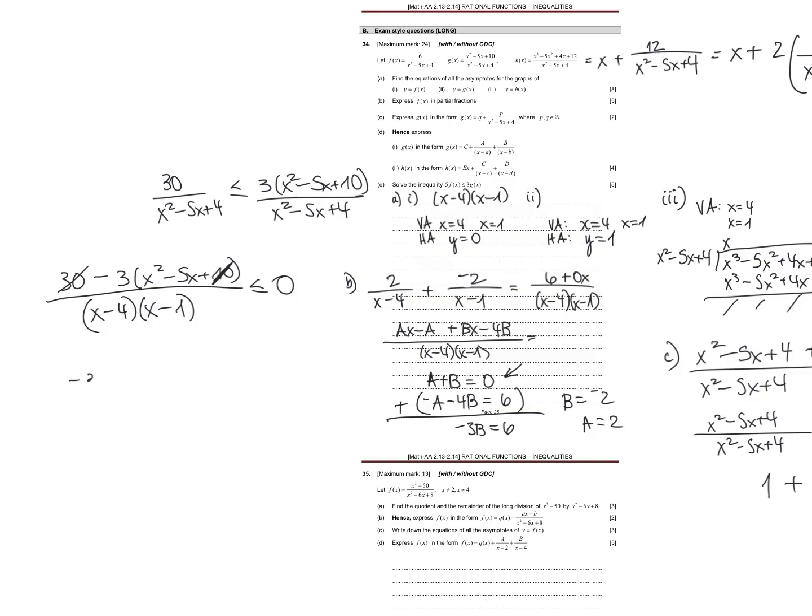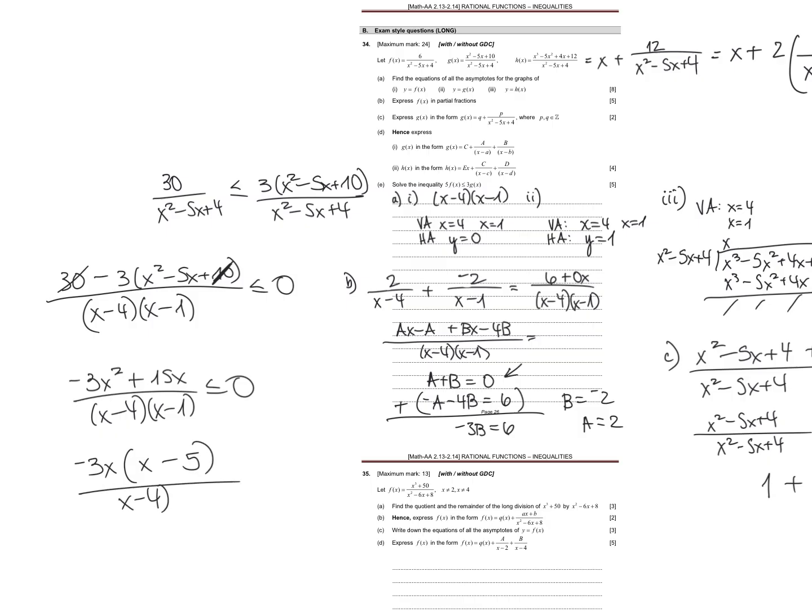So we're going to have negative 3x squared plus 15x over, and factoring out, we'll do negative 3x, and that's just going to be x minus 5.